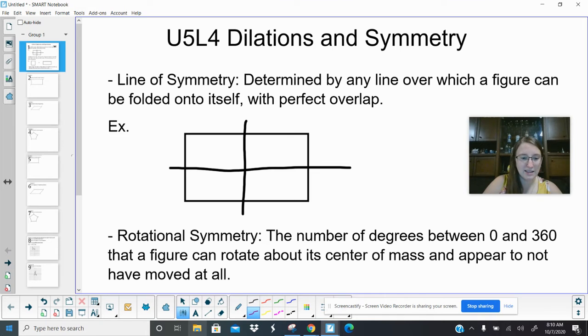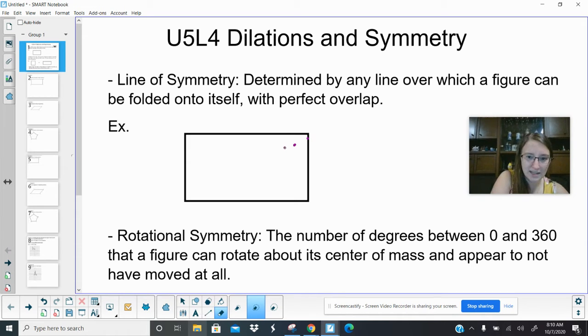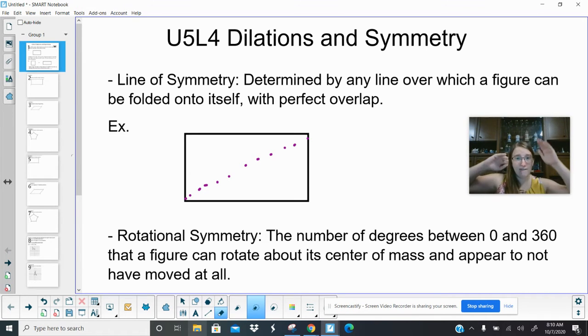Now, say you're looking at this picture and you're wondering, is this a line of symmetry? Here's what you can do to test. If I come perpendicularly down to my line of symmetry and then perpendicularly away, I need to fall on a point of my shape.